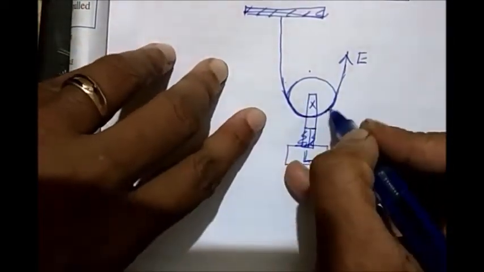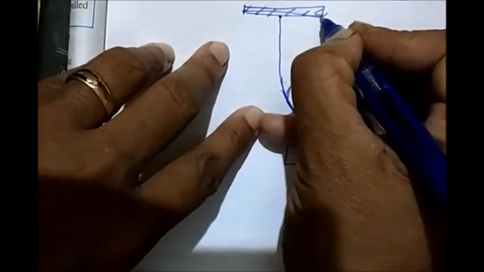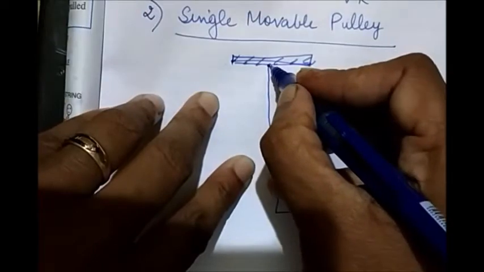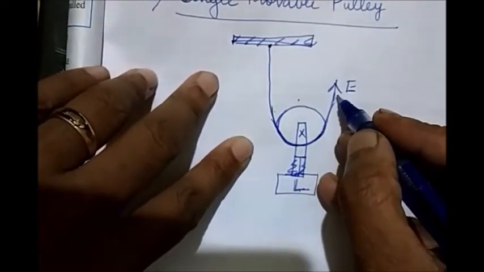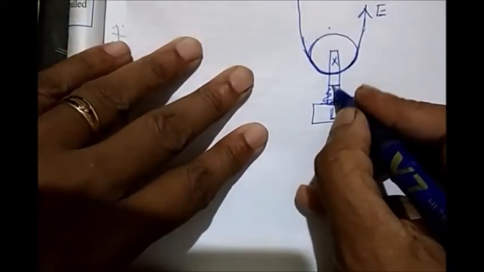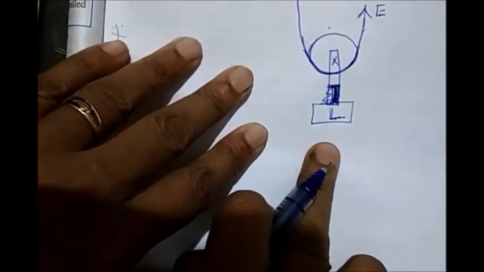Why is it called a fixed pulley? Because this pulley itself is fixed to this fixed frame. One end of the rope is fixed. Only the other end is movable, on which we apply the effort. Then where do we apply the load? The load is directly connected to the axle of your pulley.